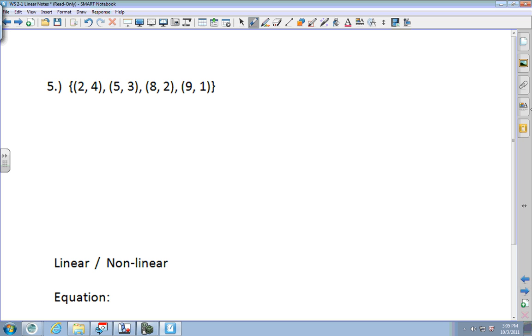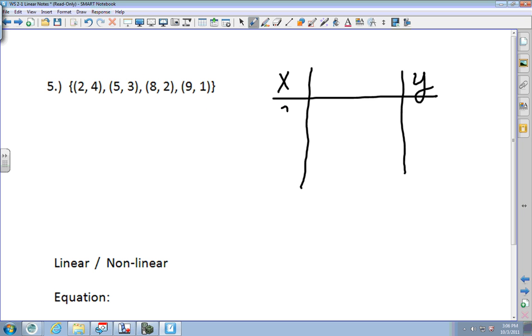Here's another one. Pause the video and see if you can figure out if it's linear or nonlinear. If it's linear, then find the equation. So I'm going to build my table. Remember, we have x, then y. Let's go in here, and I've got 2, 4, 5 and 3, 8 and 2, 9 and 1.